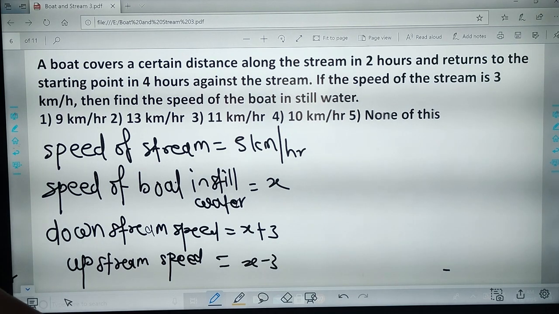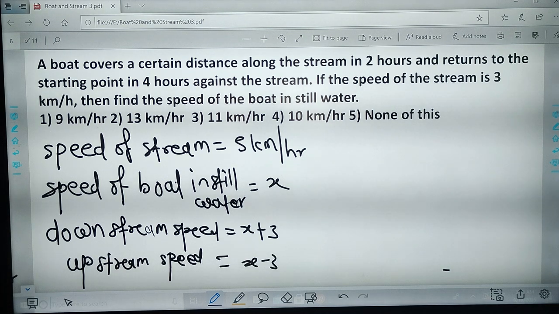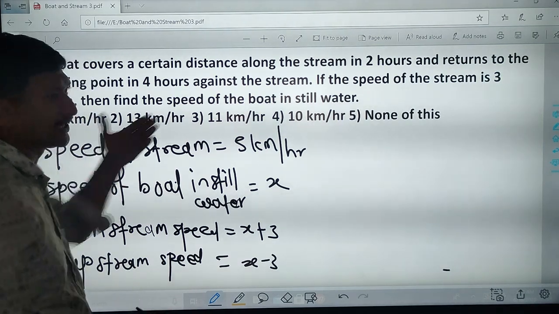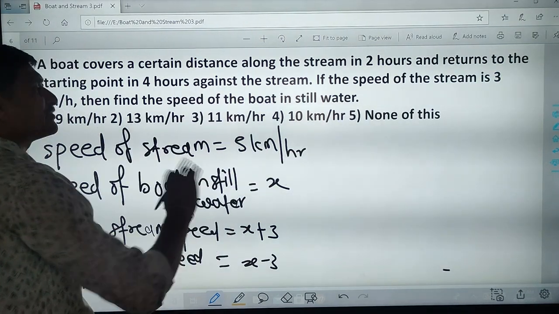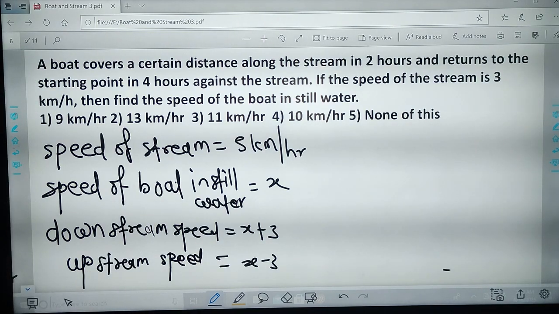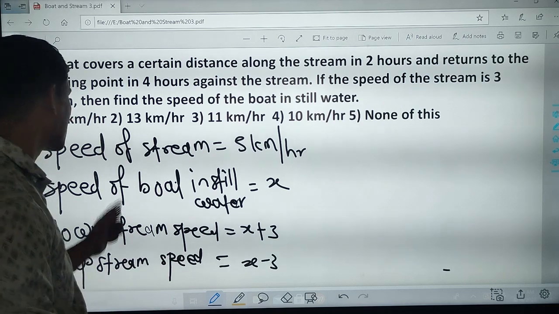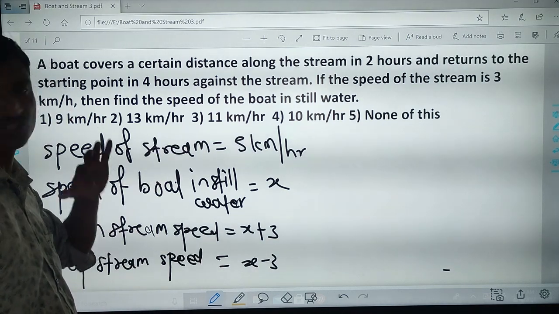The boat covers a certain distance along the stream in 2 hours and returns to the starting point in 4 hours against the stream. Here the distance covered upstream and downstream is the same. Speed into time is equal to distance.